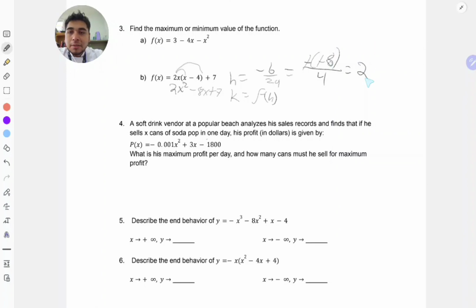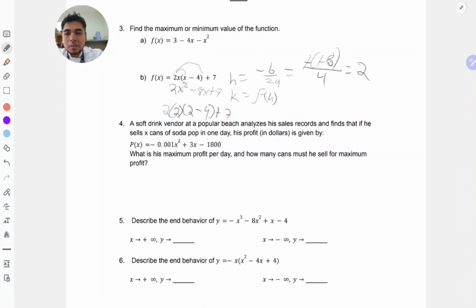So now that we found our h, we have to look at our k. Our k value is what? f of h. Put in 2 here. Well, we can either put it in the first form or in the second one. Let's do it in the first one. So 2 times 2 times 2 minus 4 plus 7.